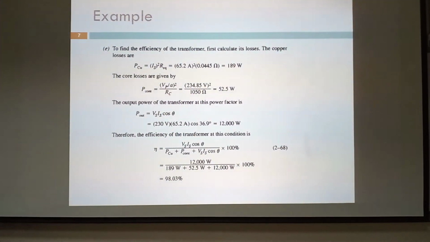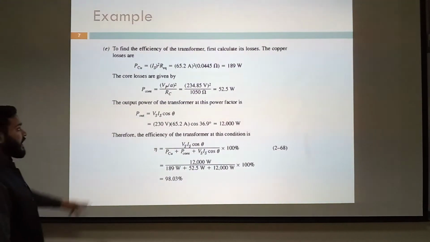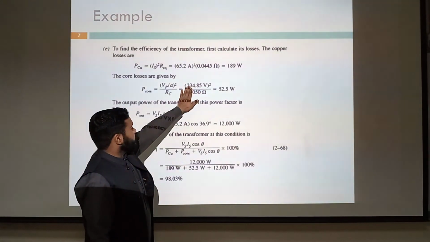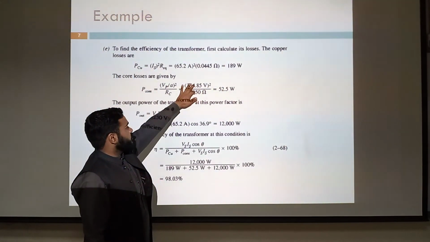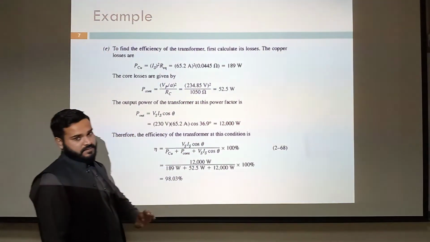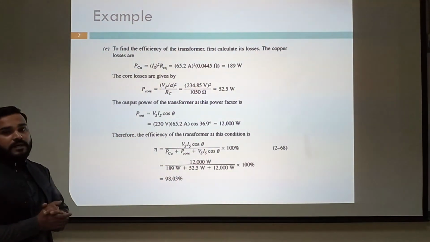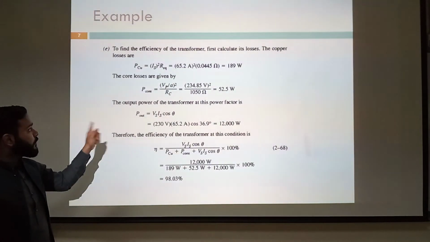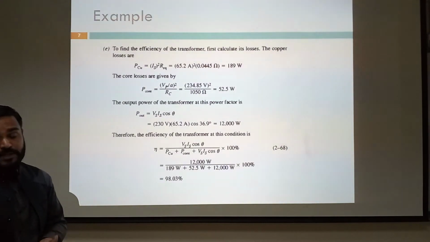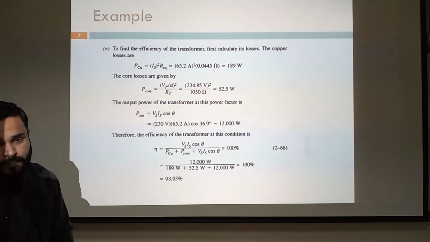Now we are given the power factor, and we have to compute the efficiency of the transformer at the lagging power factor. At lagging power factor, this Vp by alpha comes out to be 234.85. That is why we are using 234.85, because we are being asked in the question to compute the efficiency of the transformer at 0.8 lagging power factor.